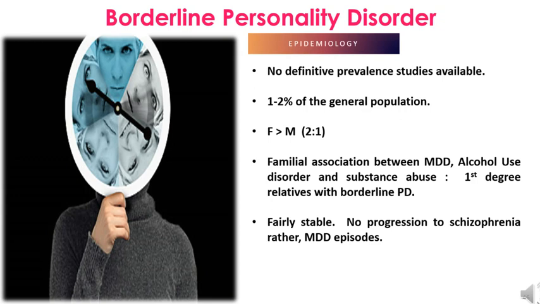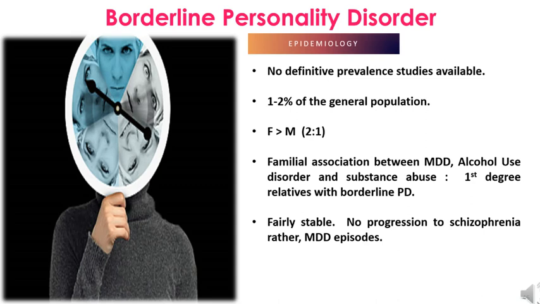No definitive prevalence studies are available, but borderline personality disorder is thought to be present in about 1 to 2% of the population and is twice as common in women as in men. An increased prevalence of major depressive disorder, alcohol use disorders, and substance abuse is found in first-degree relatives of persons with borderline personality disorder.